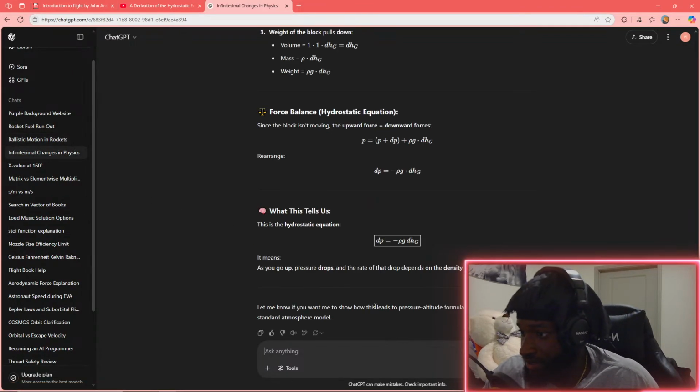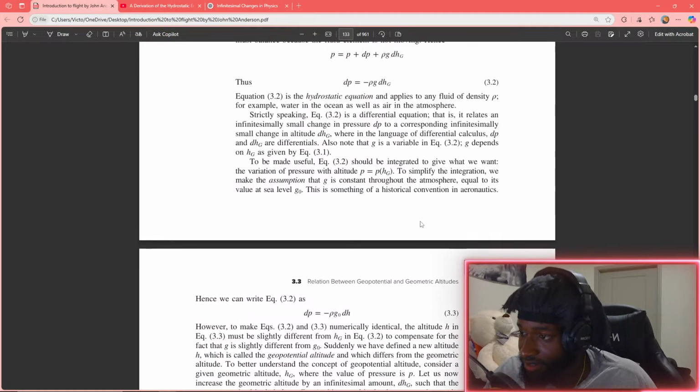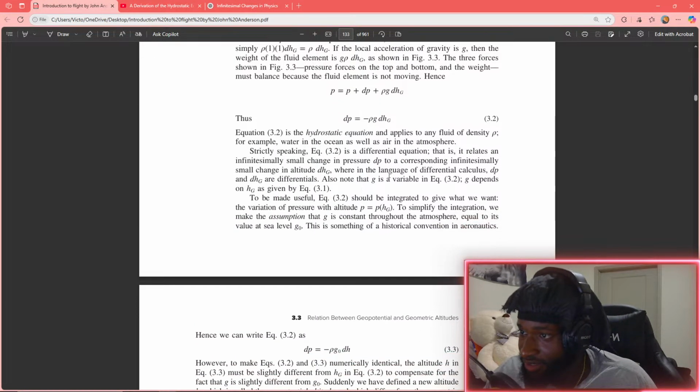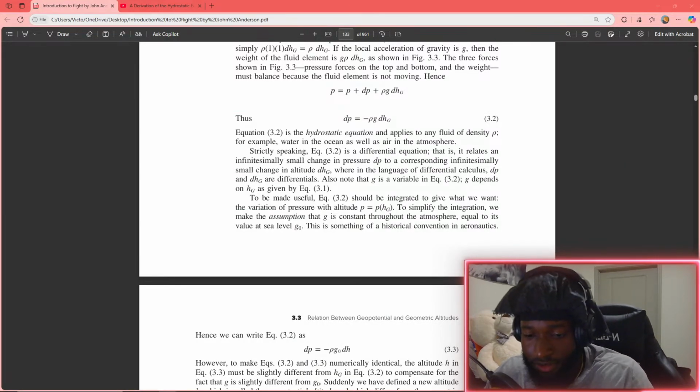Where am I? All right. I was going to ask, what is geopotential altitude? Can you show 3.2 and 3.3? There you go. The equations?